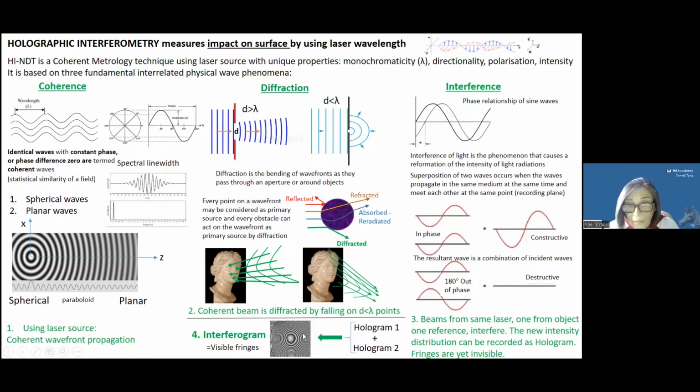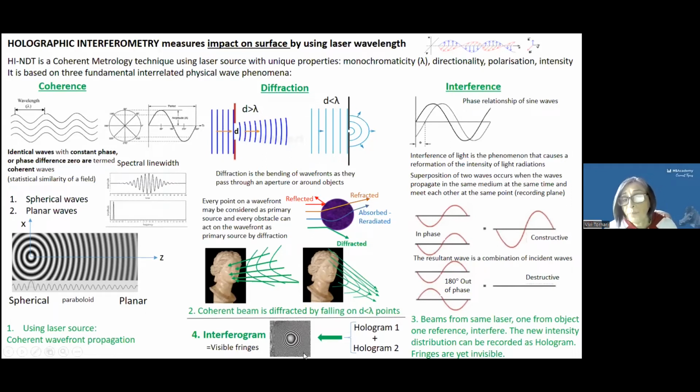I make here a declaration that in classical optical holographic interferometry, this interferogram is superimposed also on the image of our object. In digital versions, we just get the phase information, which we translate later through processing into visible fringes.